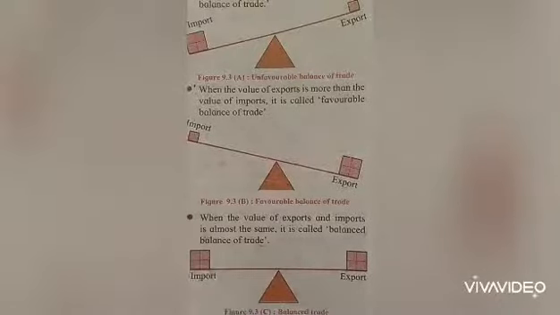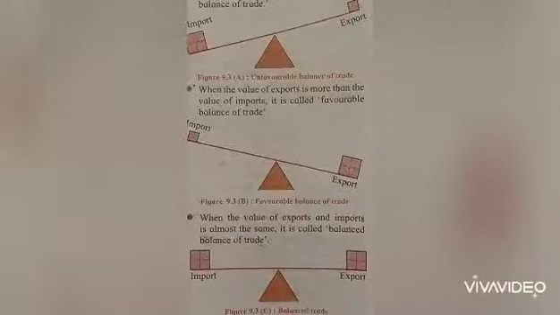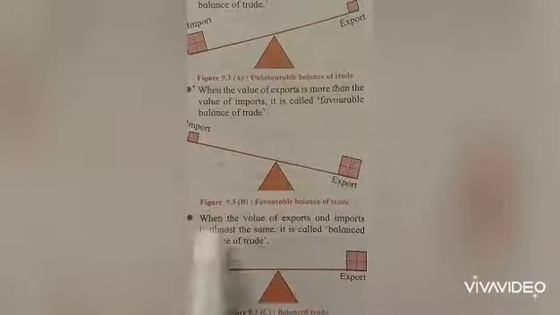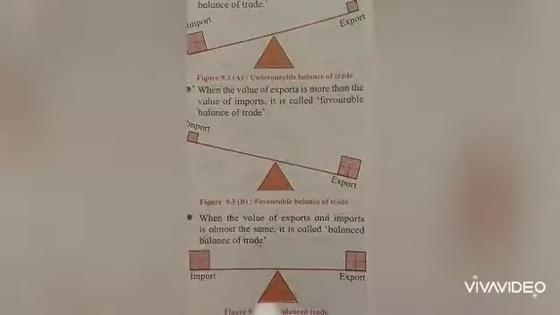So the money that we earned is equal to the money that we have spent. So you can see by exporting, the money that we have earned is equal to the money that we have spent. So in this case, there is a balance between import and export. So such type of trade is called as balanced balance of trade.